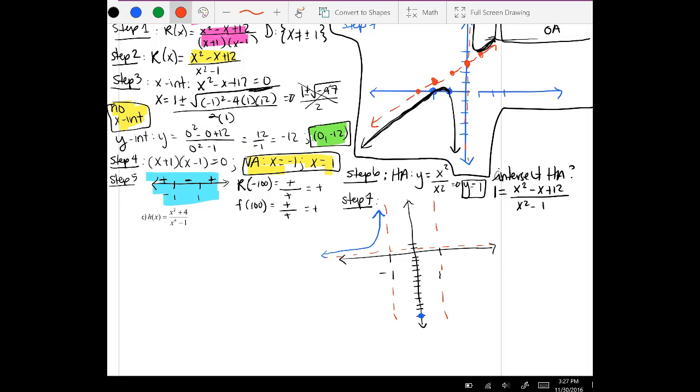I'm going to make this into a fraction so I can cross multiply. When you cross multiply, it's going to be itself because it's multiplied by 1. When you cross multiply the other side, again, it's itself because it's multiplied by 1 again. So it's x squared minus x plus 12. These two terms are going to be canceled because they are exactly the same. But I can still solve for x from here.